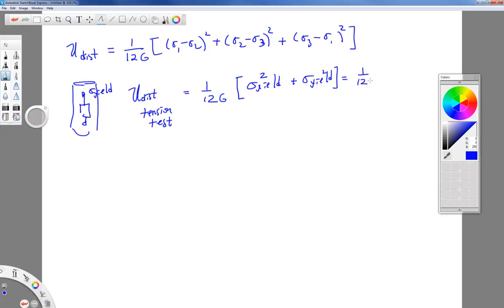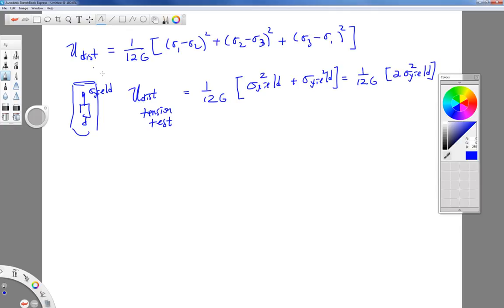I'm not going to divide through by 2 for reasons that we'll see in just a moment. But the distortion energy at yield is 2 sigma yield squared divided by 12G. So when this value equals this value, we have an equivalent energy state in our more complicated stress situation.